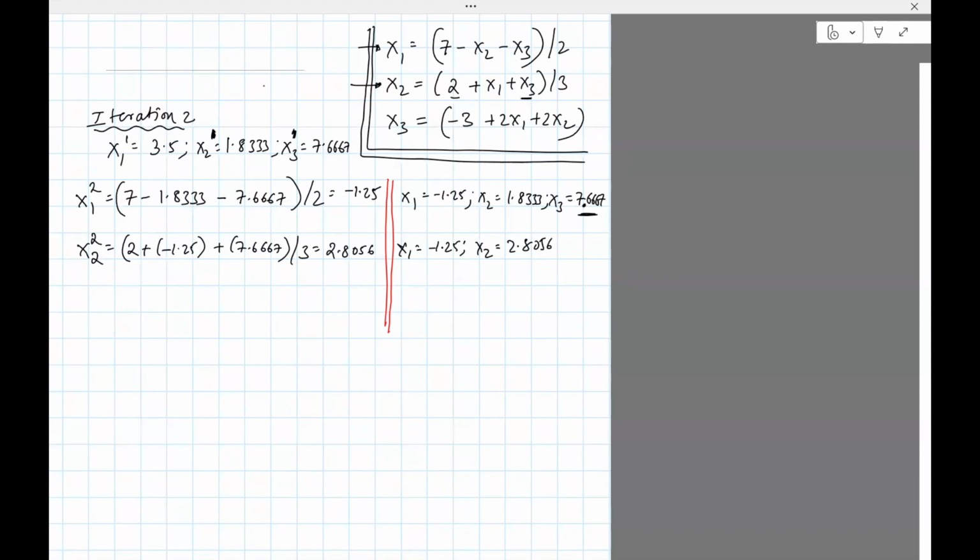That's 2.8056. Insert it here. x3 equals 7.6667.